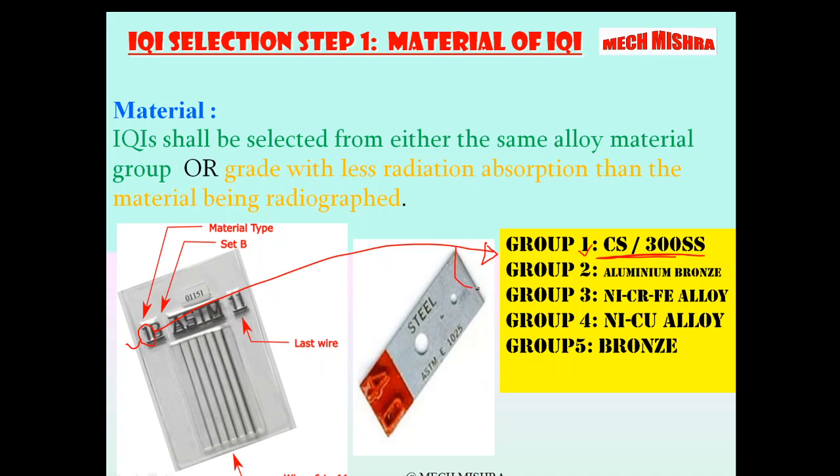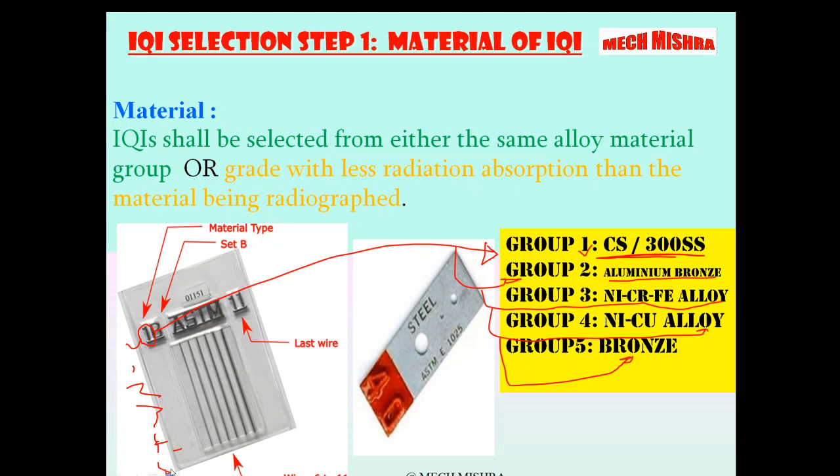If it is group 2, it is made of aluminium bronze. If it is 3, it is made of nickel chrome iron alloys. If it is group 4, it is made of nickel copper alloys, cupro nickel alloys, and if it is number 5, then it is made of bronze. So we can have numbers 1, 2, 3, 4, 5.